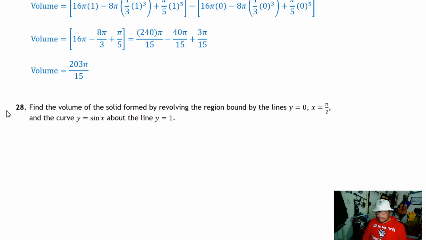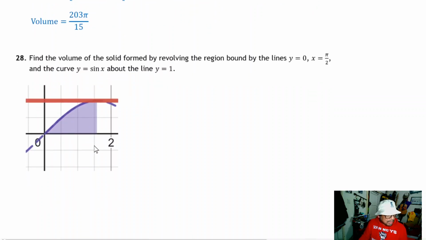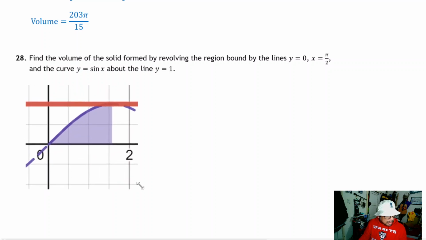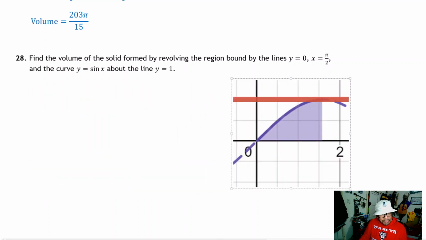Okay, we're going to have to graph that. Sine x kind of goes up like that. So let's take a look at that. Now in the previous example, I was a little bit off put because my region was in red. So this time I've made it in purple.